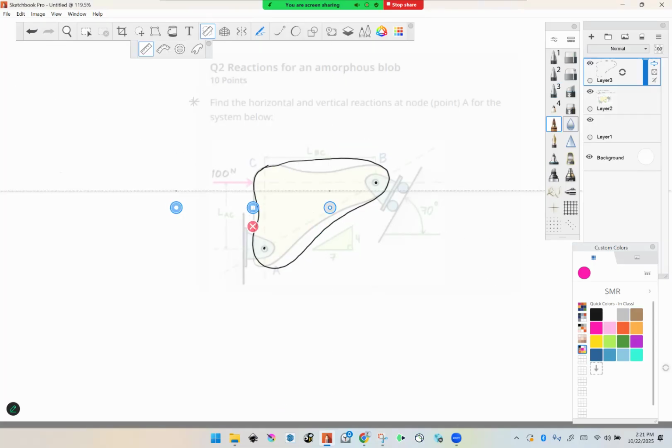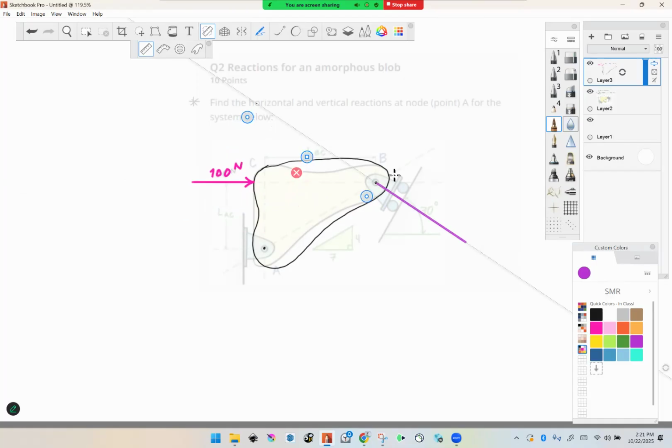What do I need on my free body diagram? I need my applied force of 100 newtons. And I also need my reaction forces. So the one that may give you trouble is this one right here. So we know that when we have a roller, we can get a force reaction that is perpendicular to the rolling surface.